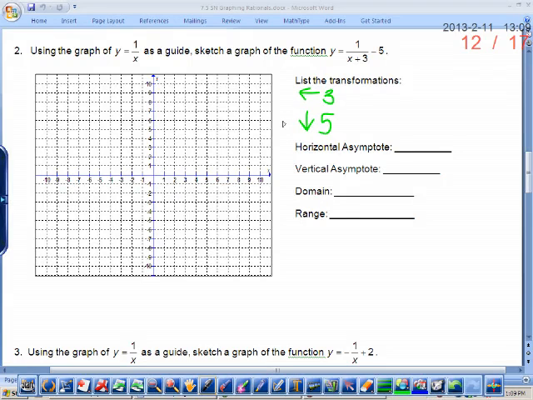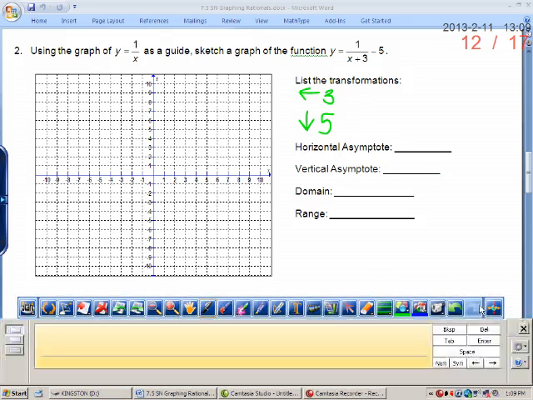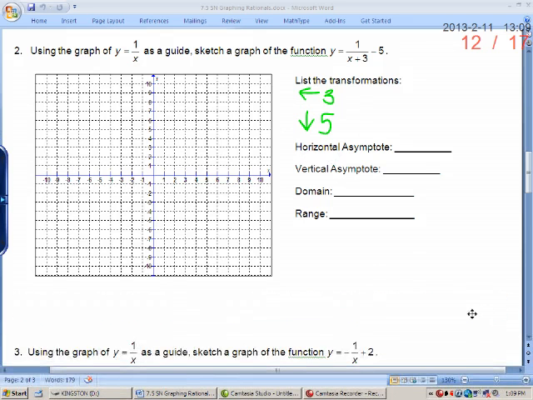Okay? Now, just as our points would move left 3, down 5, so do our asymptotes. So the horizontal asymptote was at y equals 0, right? So where is it going to be now? Y equals -5. Yeah, because the left 3 isn't going to change your horizontal asymptote, but down 5 does.